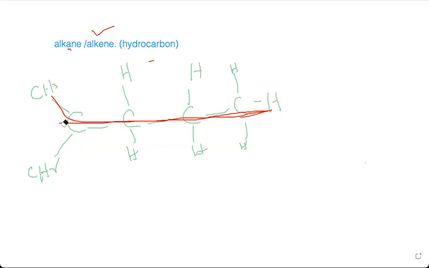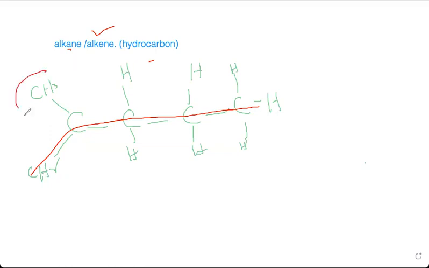Or you can say this is my chain. You have to check all the time from where you are getting the longest chain. So this is your functional group now. There are not 2 functional groups at the left carbon.